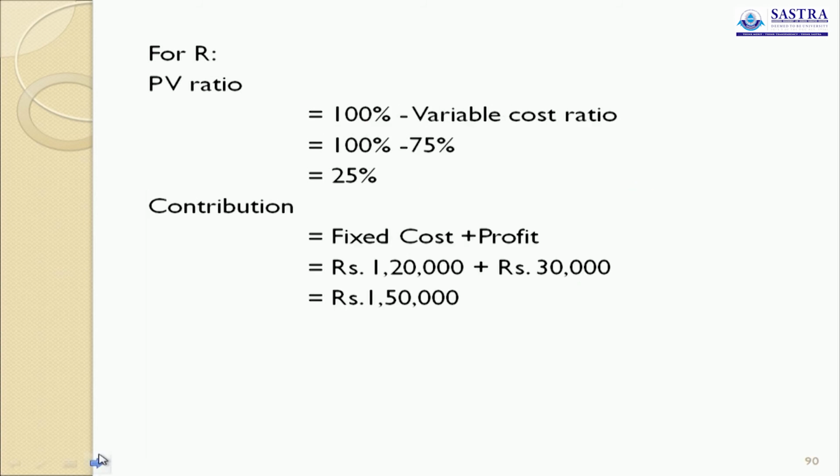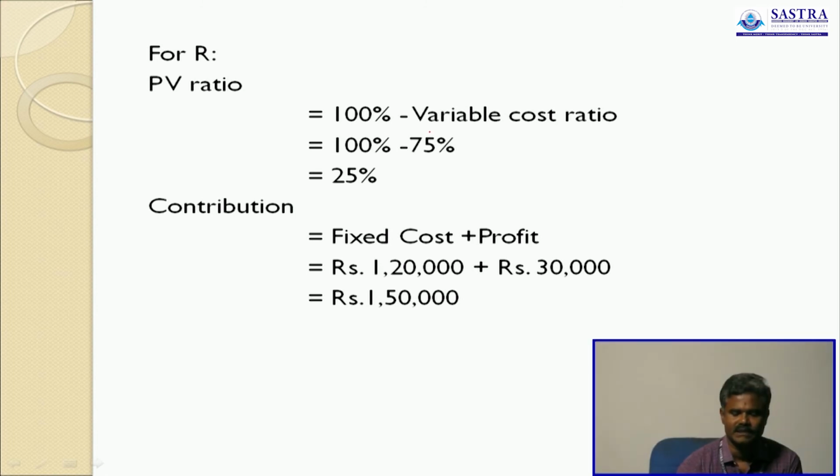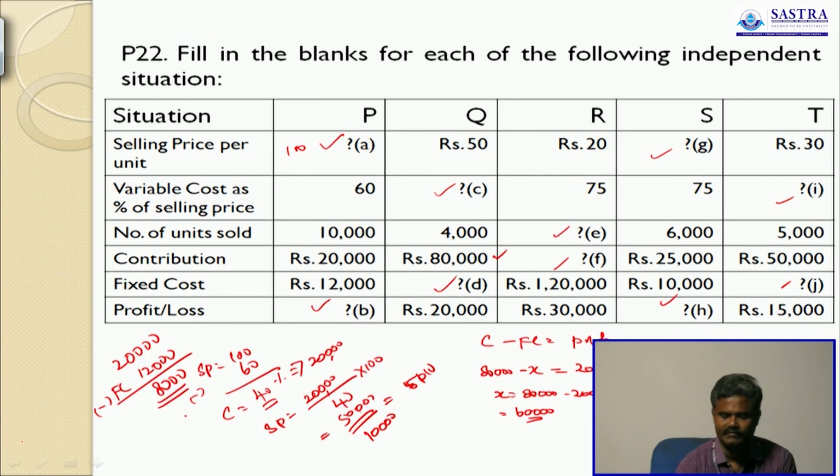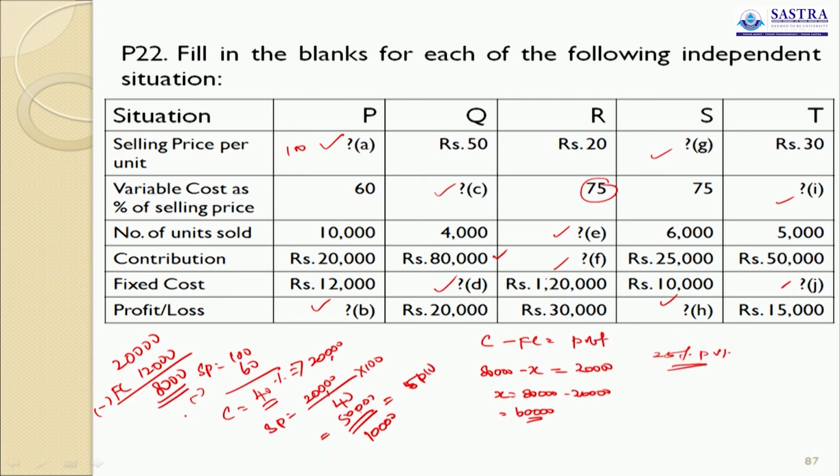Then for R, PV ratio is 100 minus variable cost ratio. I think in this problem the variable cost ratio is given as 75. So 100 minus 75 is 25. 25 is the PV ratio. So fixed cost is given, profit is given, fixed cost plus profit equals contribution, 1,50,000.